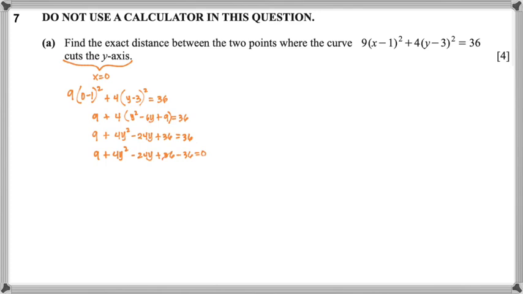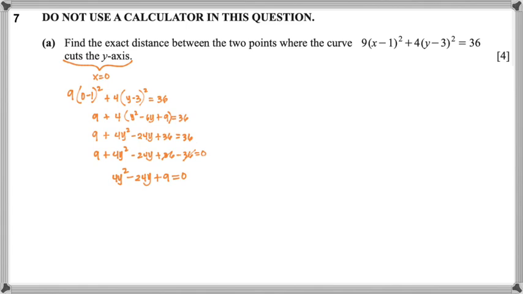Now this one will cancel out each other. So we're left with 4y squared minus 24y plus 9 is equal to 0. Our 4, 24, and 9 have no common factor.